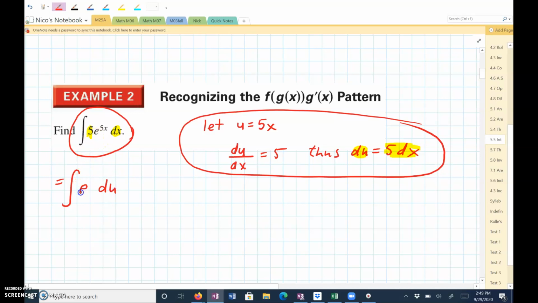E, I'm going to leave that as e, and then 5x is u. Now I can take the antiderivative of this. The antiderivative of e to the u would be e to the u plus c, where u is 5x, plus c.